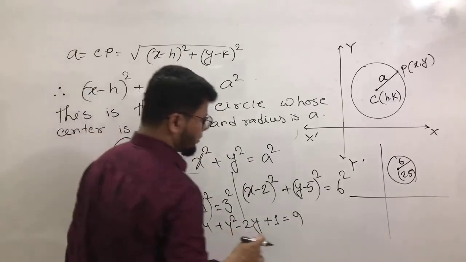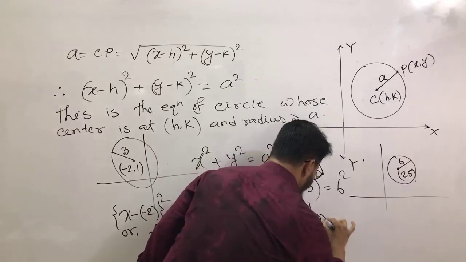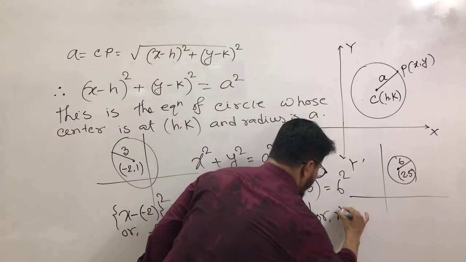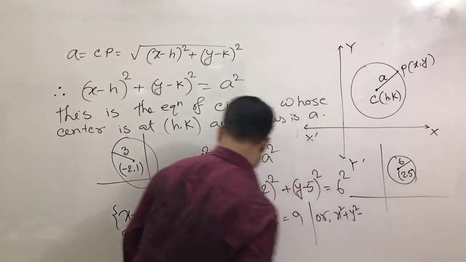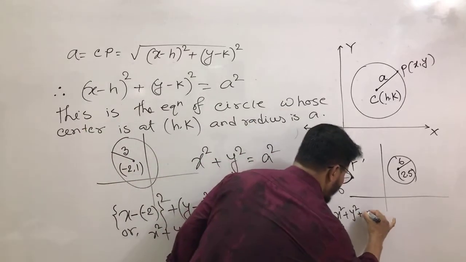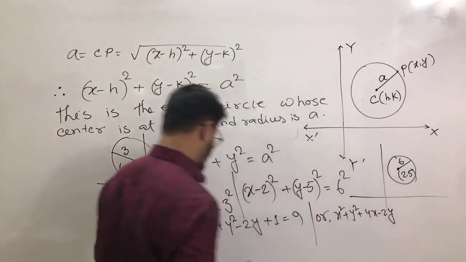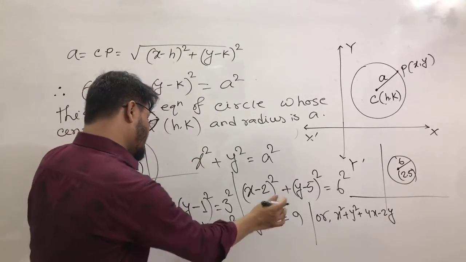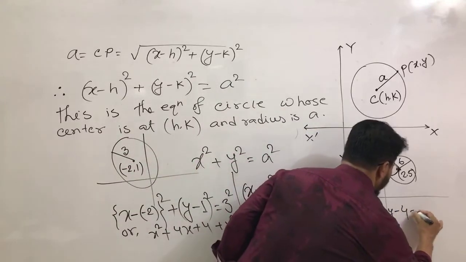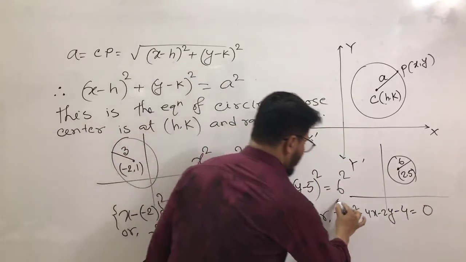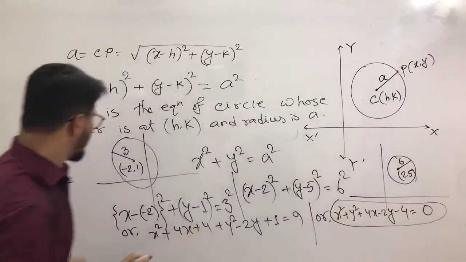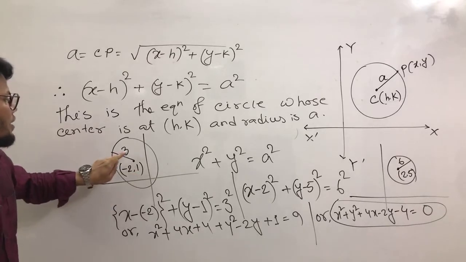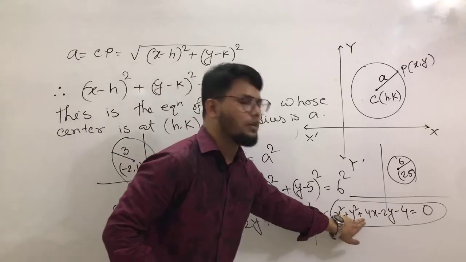Now finally we can write x square plus y square plus 4x minus twice y, and 4 plus 1 is 5, and 5 minus 9 is minus 4, equals 0. So this is the equation of the circle whose center is at minus 2 and 1 and radius is 3.